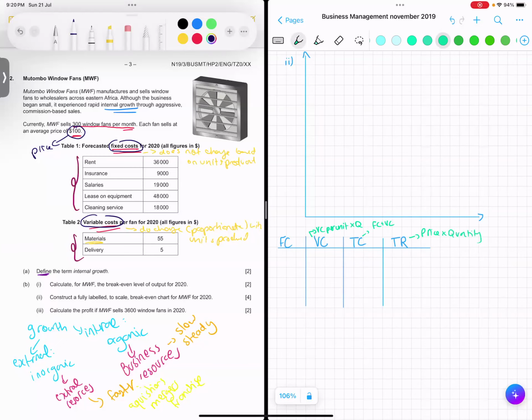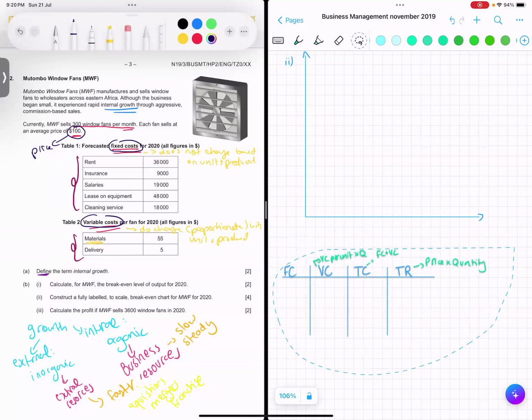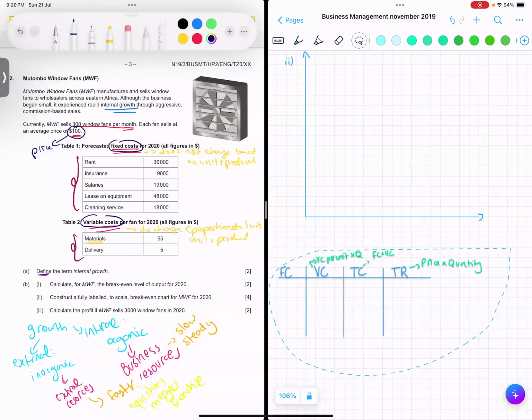I'm just gonna make this lower in case I need more space. Great. Now I'm gonna write this in different colors so you can see that the fixed cost is 130,000 for all of them.